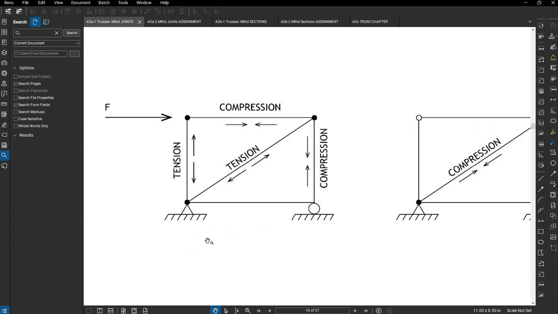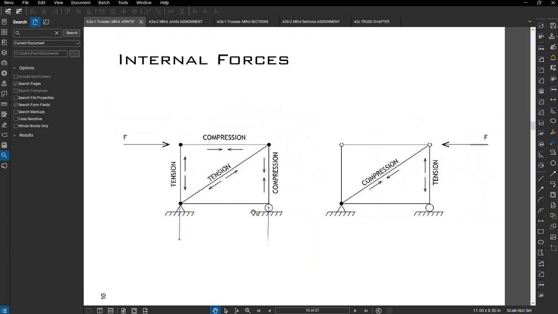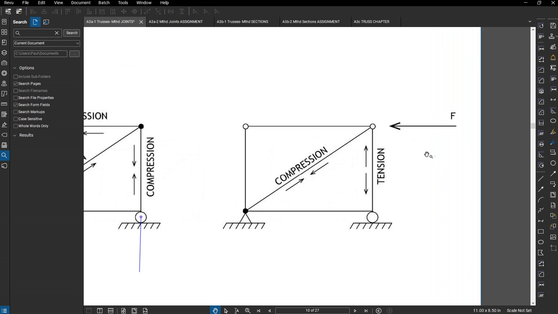So let's see if I can quickly just draw in something like that. You can see that the little dot here would be the arrowhead. Anyway, what happens is that puts this in compression, that into tension, and this member doesn't have any force because there's no horizontal reaction here. Okay, next if we look at this, the force is applied on the other side.